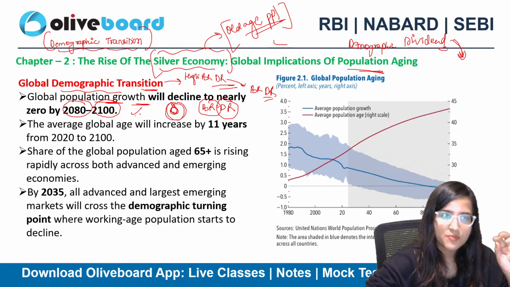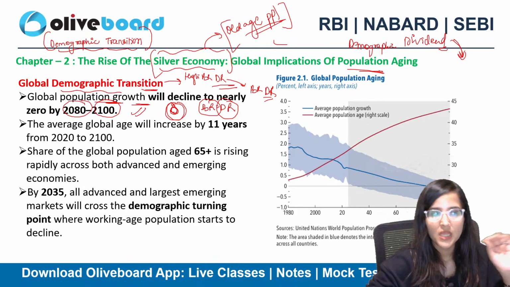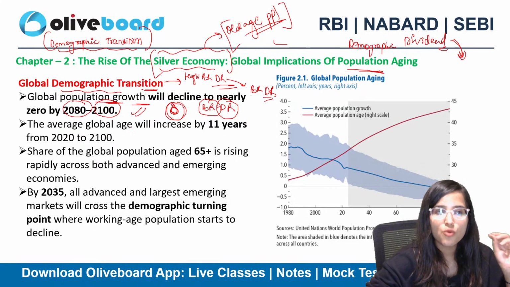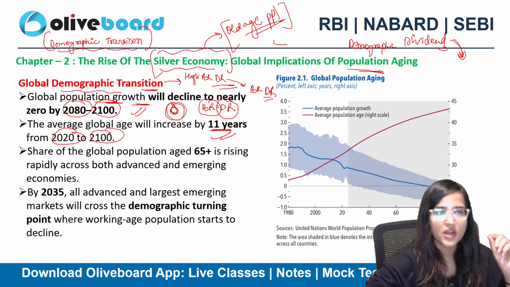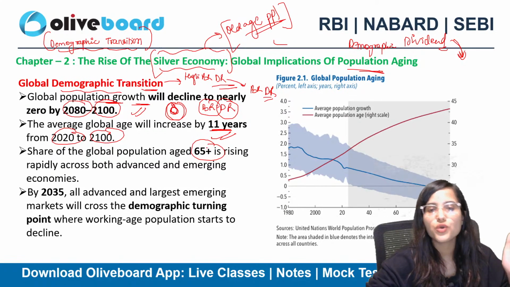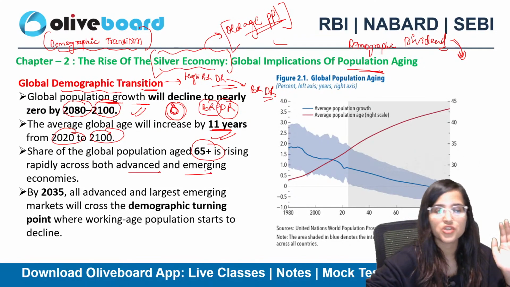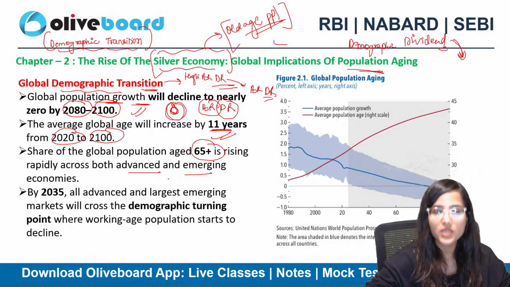That is what has been predicted, that by the year 2100, population growth will be zero. The average global age will increase by 11 years from 2020 to 2100. And the people who are above 65 are going to increase, especially in advanced and emerging economies.